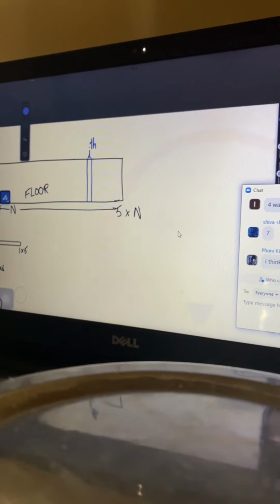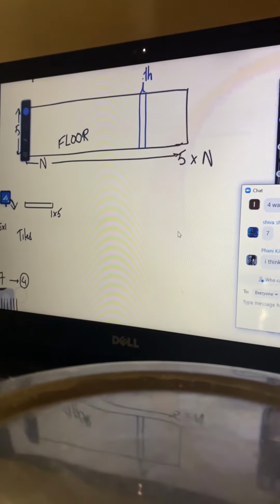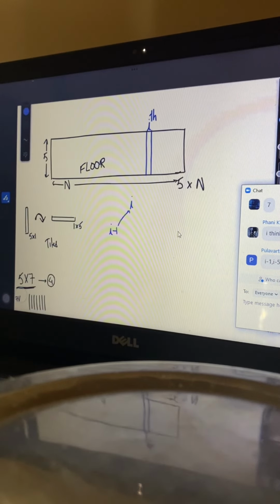That is, I will depend on I minus 1. The number of ways to fill up from 0 to I will depend on the number of ways to fill up from 0 to I minus 1, if you are placing the tile vertically.